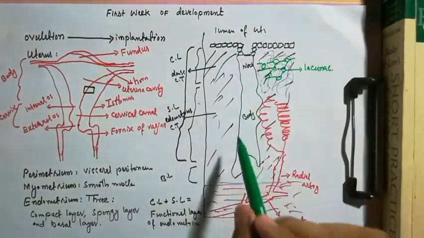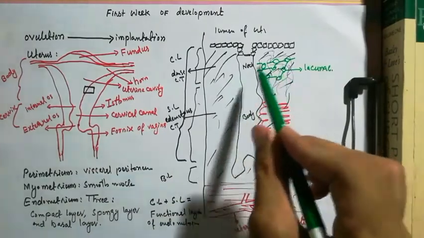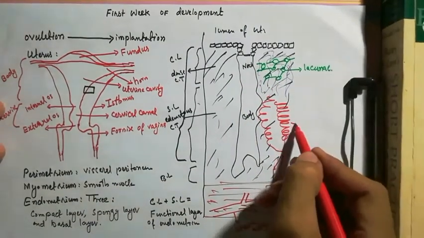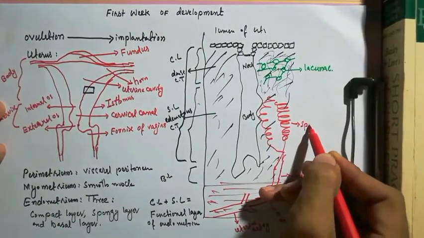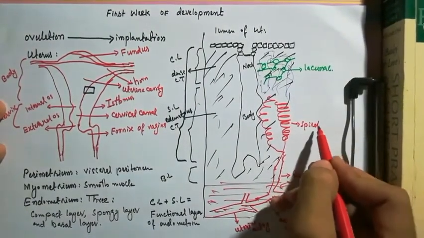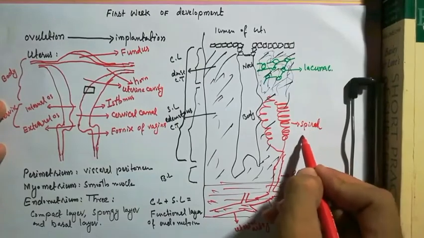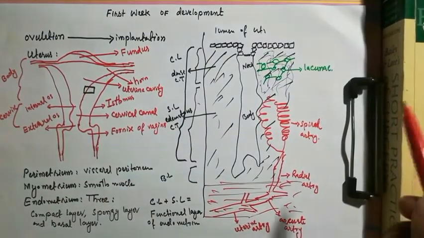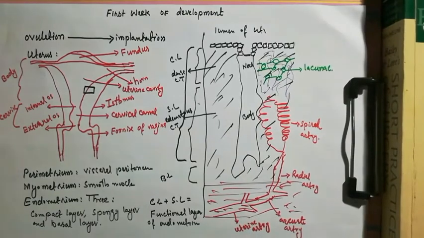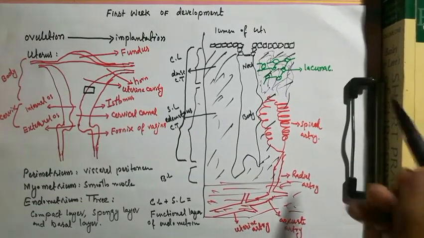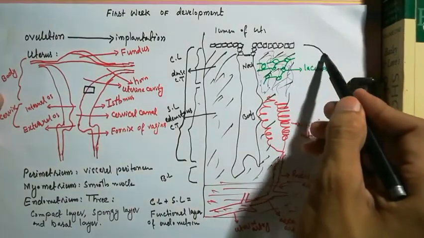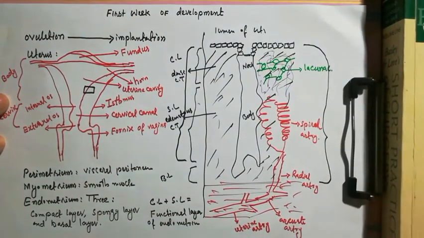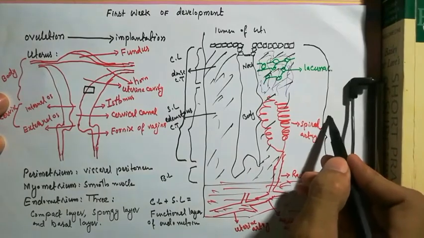This anatomy is during the luteal or secretory phase of endometrium. Spiral artery. During luteal phase, endometrium is fully developed and its thickness is about 5 millimeter.